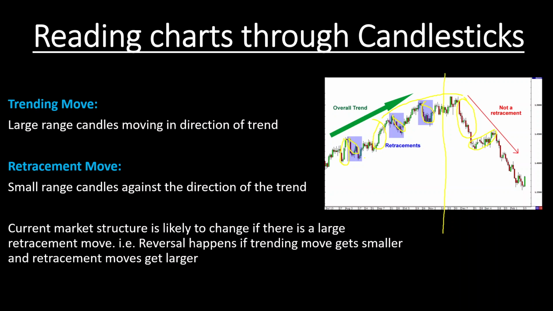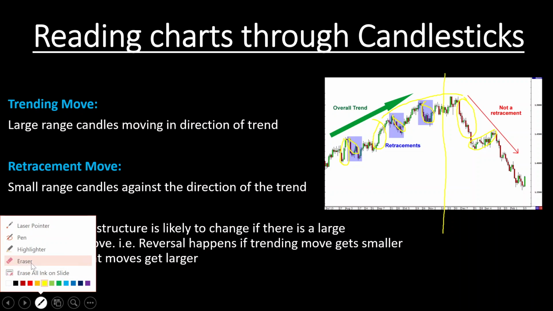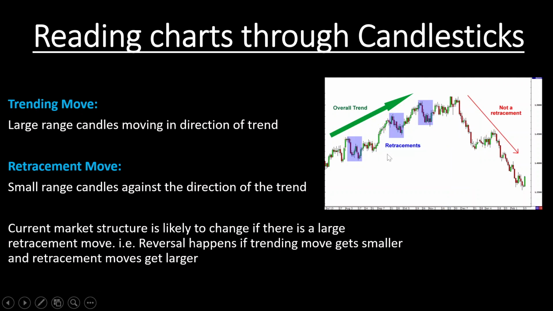The only reason this example isn't great is because this is the part of the chart where we can see momentum slowly losing. The range of the green candles is slowly getting smaller, and the red candles are slowly getting larger and larger.